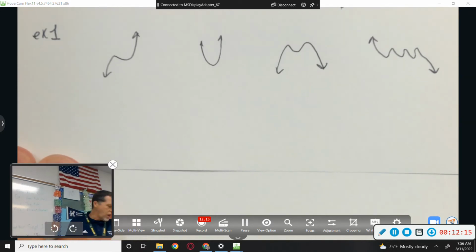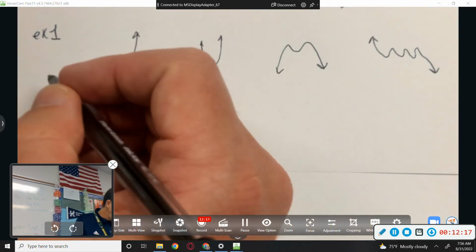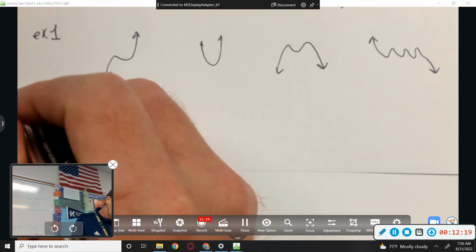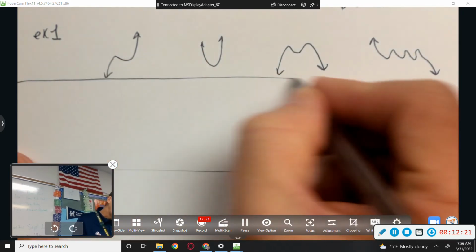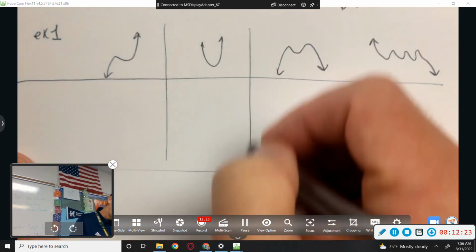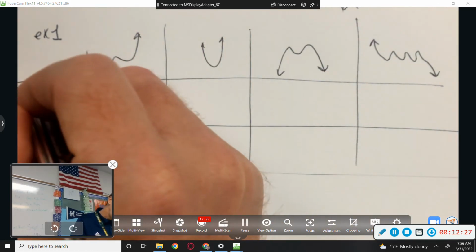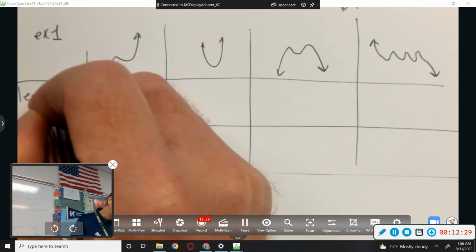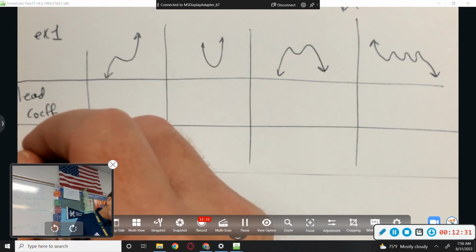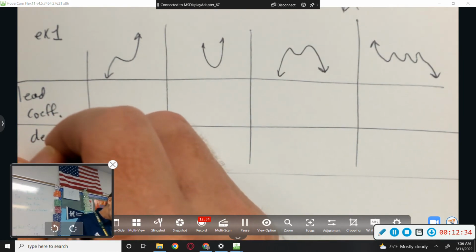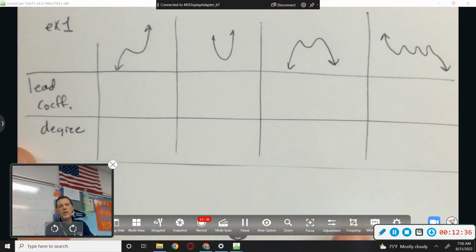So just get the shape right. And then we'll make a table to talk about their lead coefficient and their degree. So this is what Cole was looking at a minute ago.